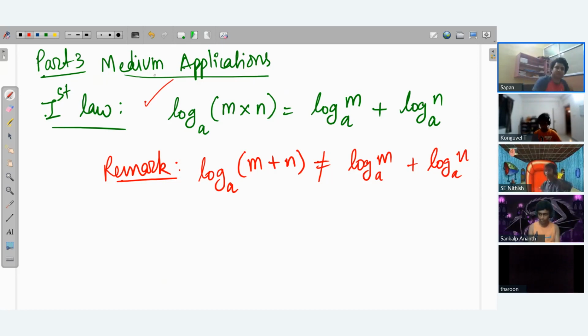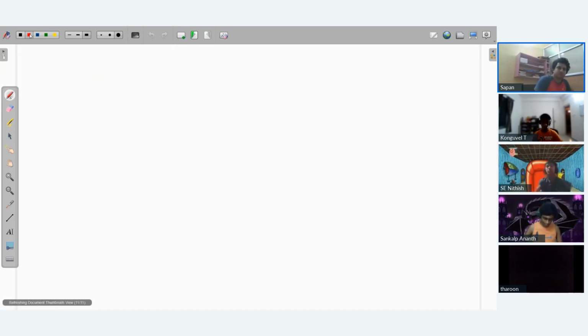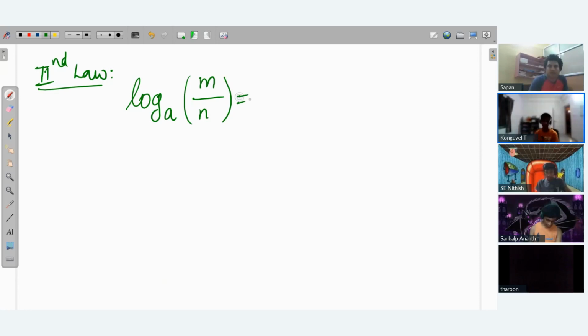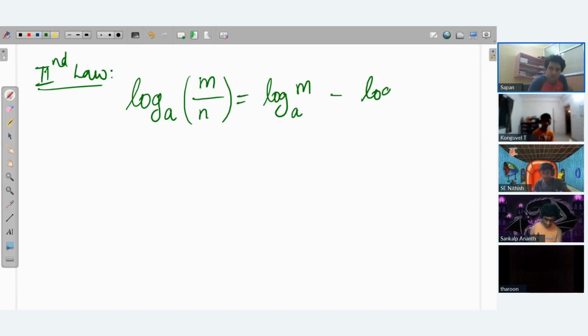Okay, second law. The second law says that whenever you have log of a fraction m by n on base a, this can also be written as log m on base a minus log n on base a.